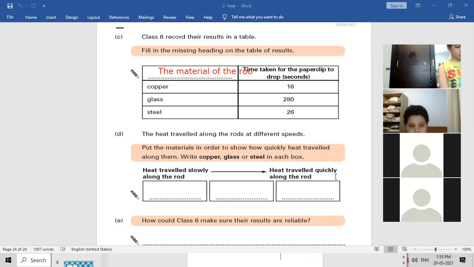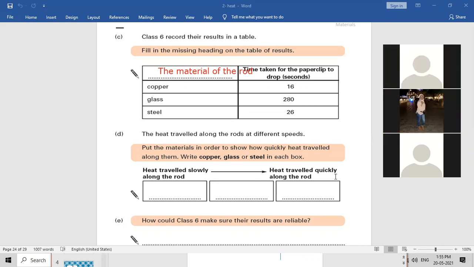Okay, so I'm going to pick someone. Ahmed. Yes, Ahmed. Which rod did the heat travel slowly along? Glass. Very good. How did you know? It's a little bit tricky, guys. Right here, they wrote how many seconds it took the paper clip to fall.